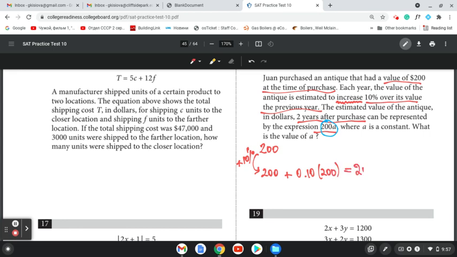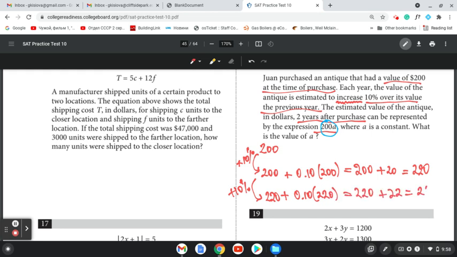This is going to be 200 plus 20, 220. After another year, it's going to increase another 10%, but based on the 220. So it's going to be 220 plus 10% of 220, which is 220 plus 22, 242, which means in 2 years, following the 10% increase every year based on the previous one, my antique will be valued at $242.